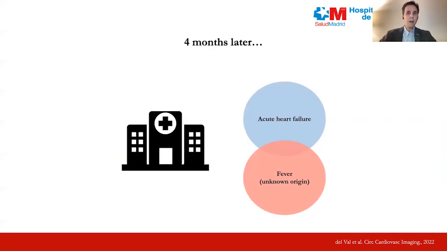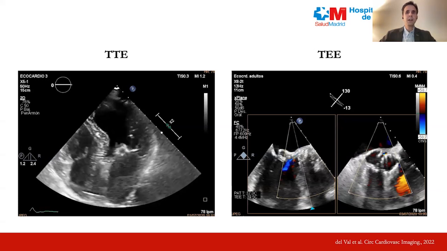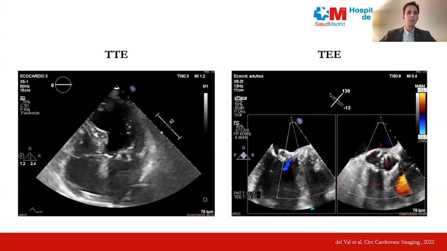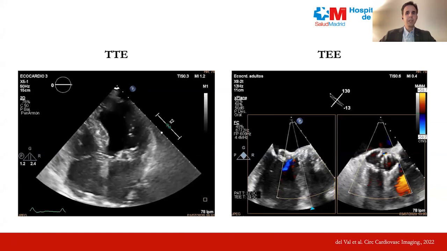But 4 months after the procedure, the patient was admitted with acute heart failure and fever of unknown origin. So we performed a TTE at admission that showed an extensive anterior mitral leaflet dissection with a large pseudoaneurysm of A2 and a mild mitral regurgitation.